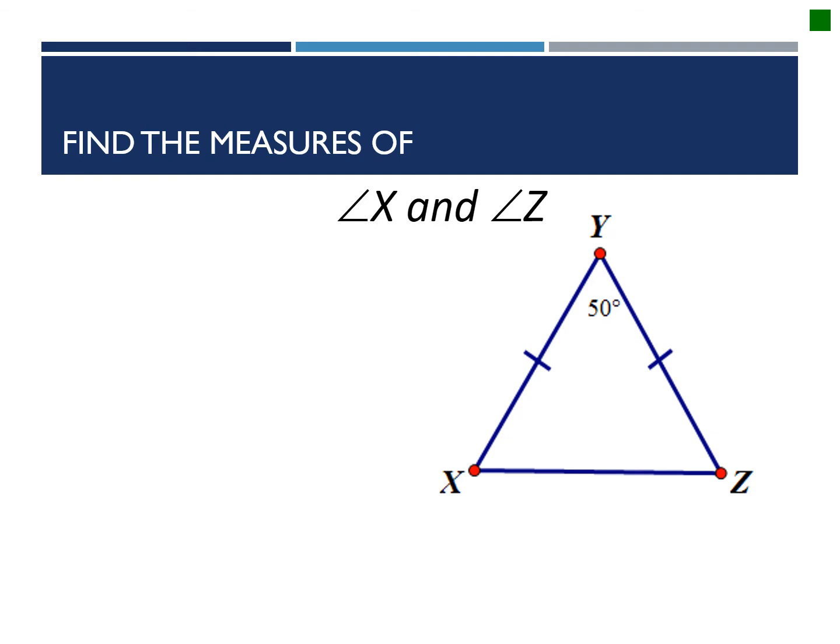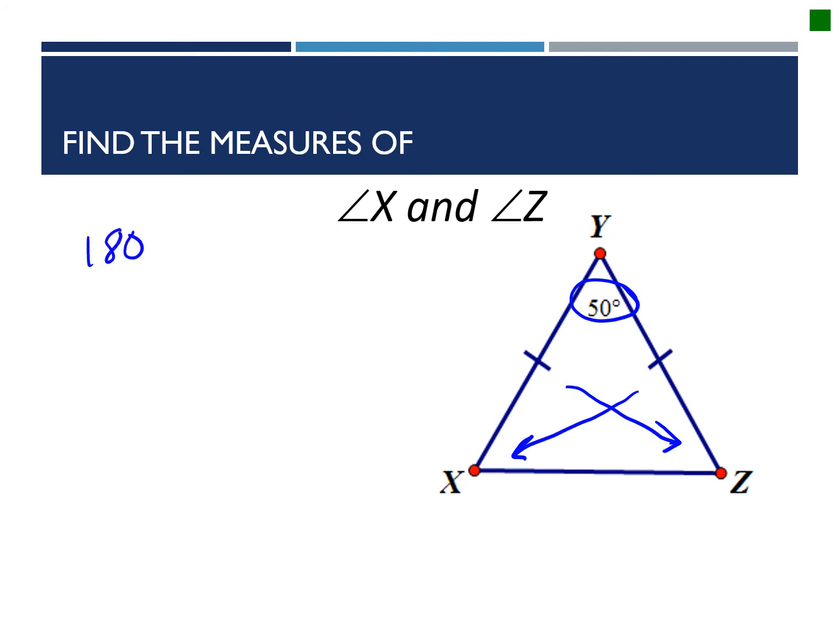All right, so let's find the measures of angle X and angle Z. Now I've got an isosceles triangle. Those are opposite each other, so I know that they're congruent. I know that there's 180 degrees in a triangle, and I've already got 50 of it taken up.